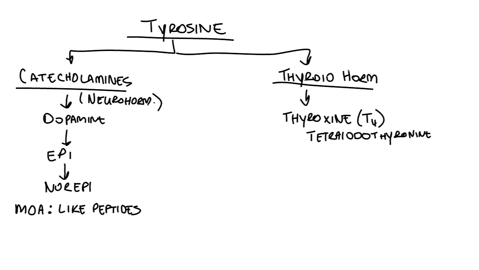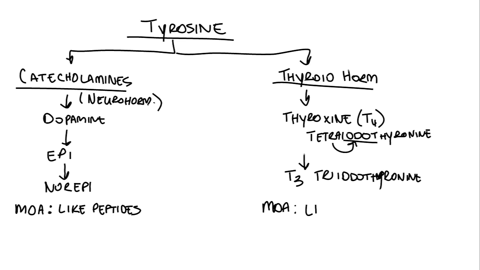That tetra is in reference to how many iodines are bound to the chemical structure. The other one is T3, or triiodothyronine. Their mechanism of action is like that of steroids. So they're slower than the catecholamines.